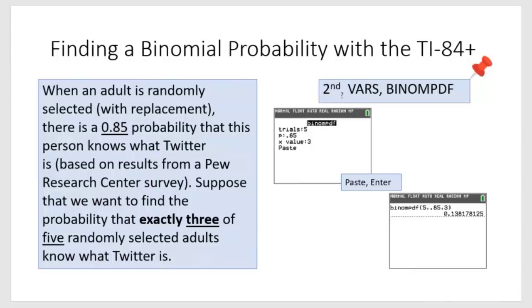So in order to work it on your calculator, you're going to go to Second, VARS, and then we'll choose the binomial PDF. Now the reason it's PDF is because we are looking for a particular outcome, just the value of 3. And you'll see the contrast between that and the CDF, which I know you'll see on your calculator also in just a minute.